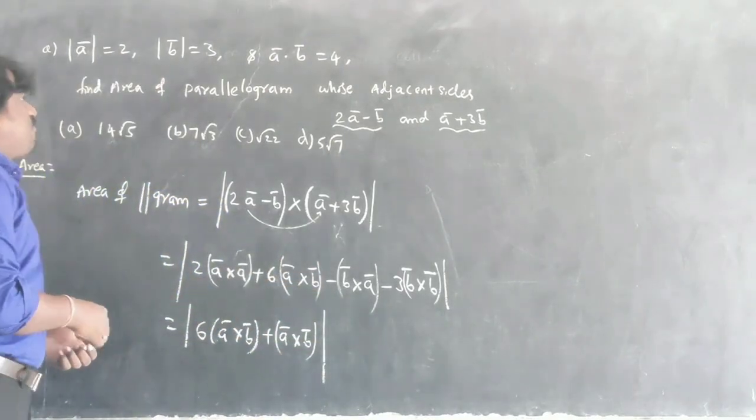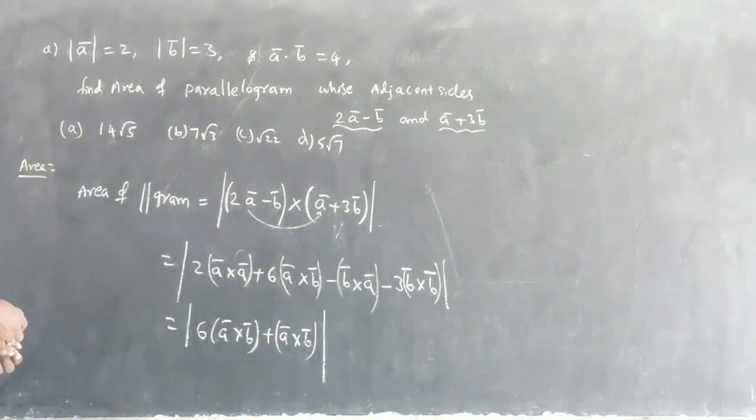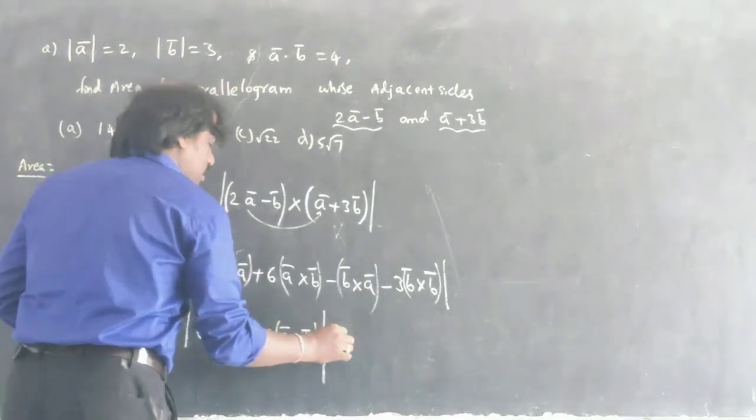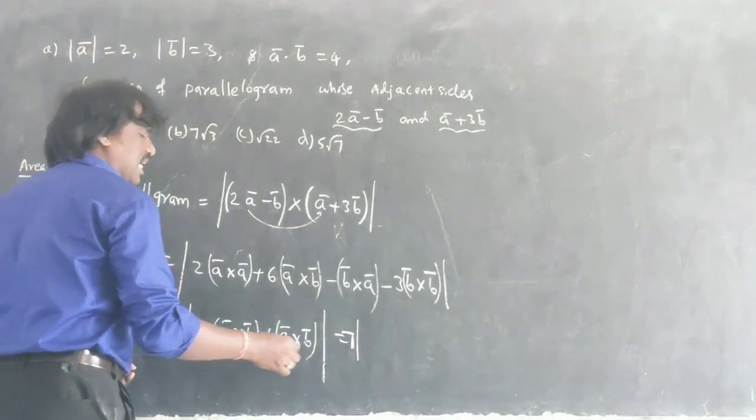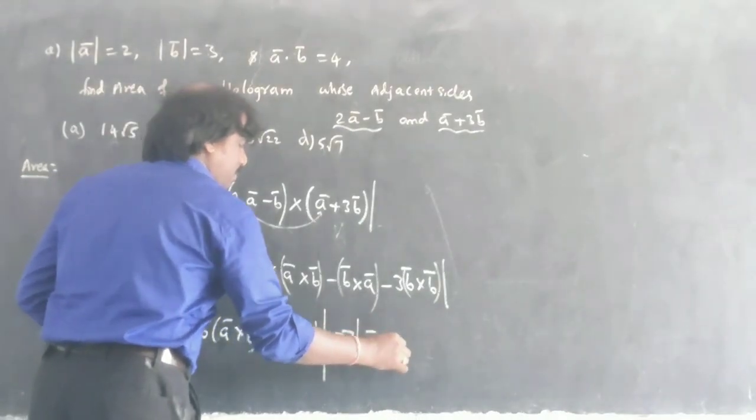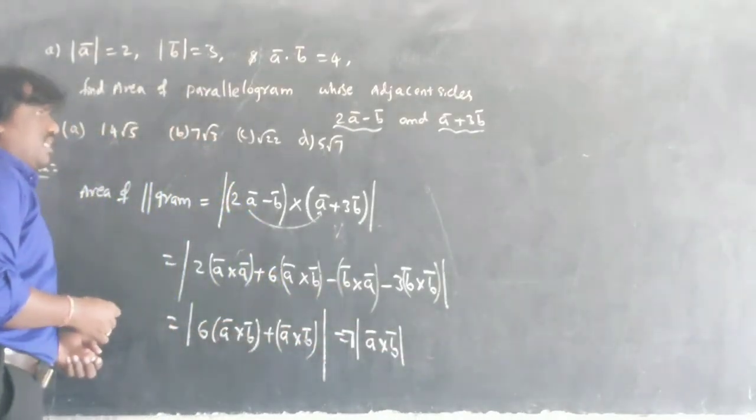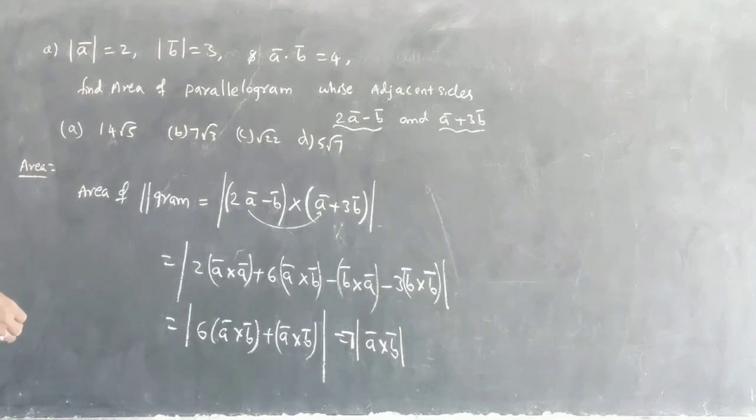So I have to find simply the area of this one. It is 7 times A cross B, I can take 7 common. That's it. I have to find the modulus of 7 times A cross B.